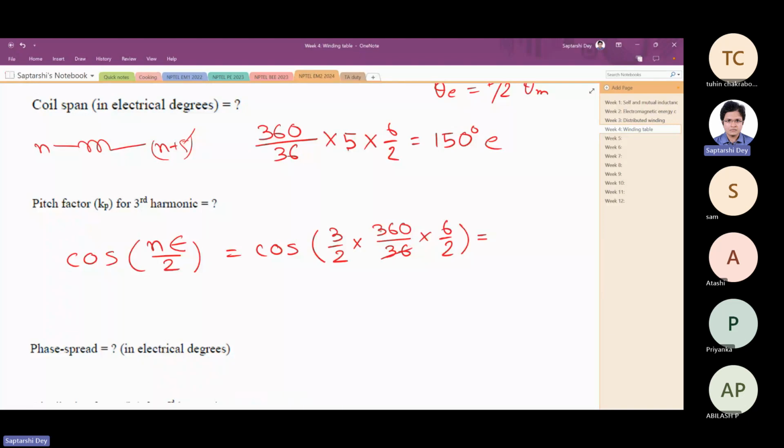This becomes 10, becomes 5, this is 3, cos 45 degrees, 1 by root 2. What is 1 by root 2? 1 by 1.44.